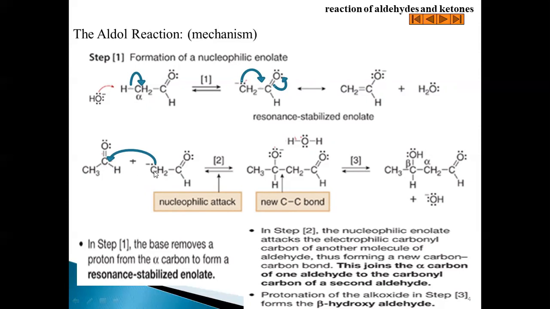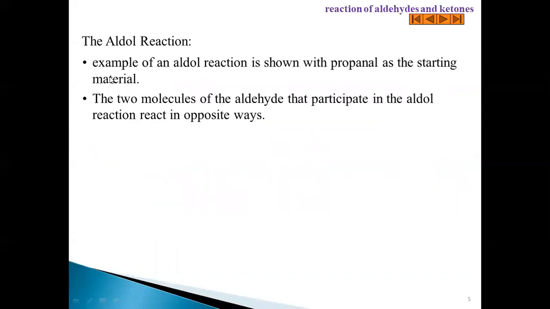This nucleophilic carbon will attack the carbonyl carbon, the pair of electrons will shift onto oxygen to form a new carbon-carbon bond between the enolate carbon and the carbonyl carbon of another molecule, and further protonation of this oxygen will take place to form the final beta hydroxycarbonyl compound.